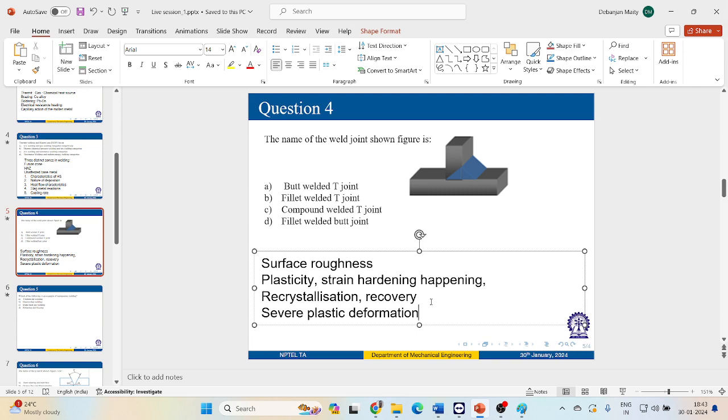Because of material deformation, the metal atoms will diffuse into one another in solid state. So this is basically a kind of forceful solid state diffusion in solid state welding.